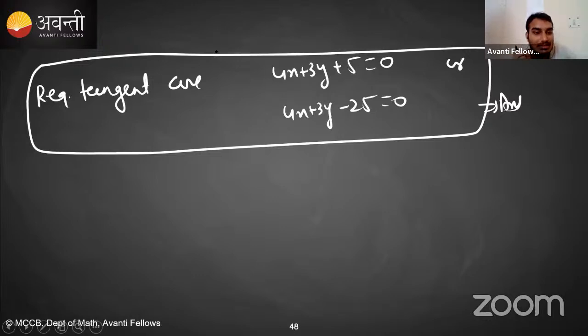In the straight line classes I have told you, the line with the slope -4/3 you can assume like 4x plus 3y plus lambda equal to 0, right? इस line का slope -4/3 है, right? But we want this line to be the tangent, so p should be equal to r. So p को मैंने r कर दिया तो यहाँ से lambda आ गया, lambda is either 5 or -25. Okay, so we are getting two such tangents, which are perpendicular to the given line and tangent to the given circle. Is this clear, everyone?